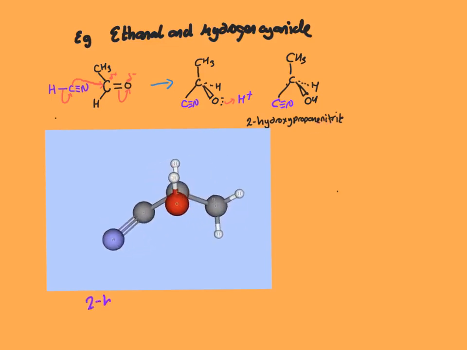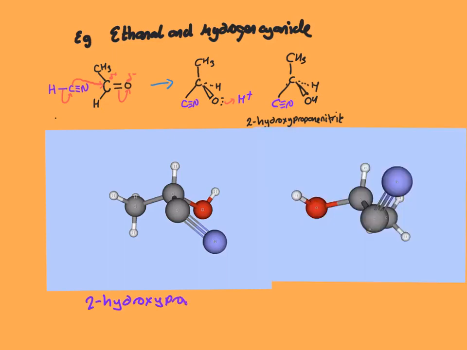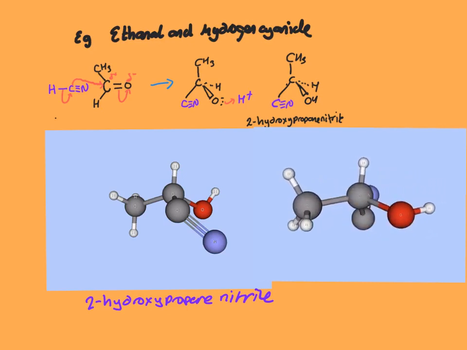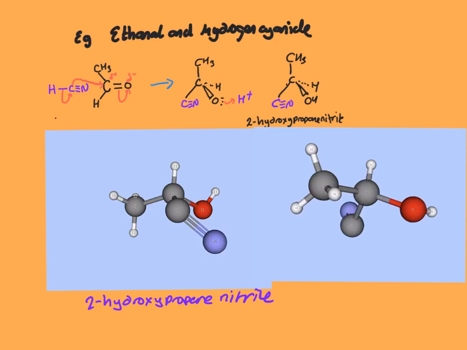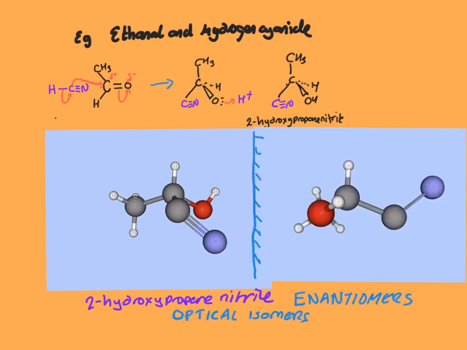Now here we have the 3D representation of 2-hydroxypropanenitrile, and here we have its mirror image in this molecule here. So these two molecules are identical apart from the fact that the atoms are arranged differently in space.